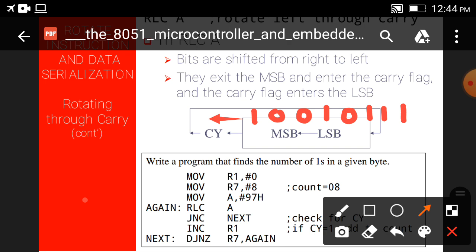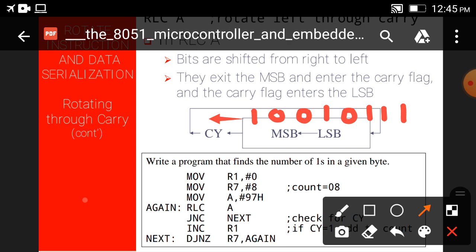How many times will this operation be performed? 8 times, because we are using 8 as the counter value. After 8 operations, at the DJNZ instruction, the value of R7 becomes 0. So at that time it will end the program.